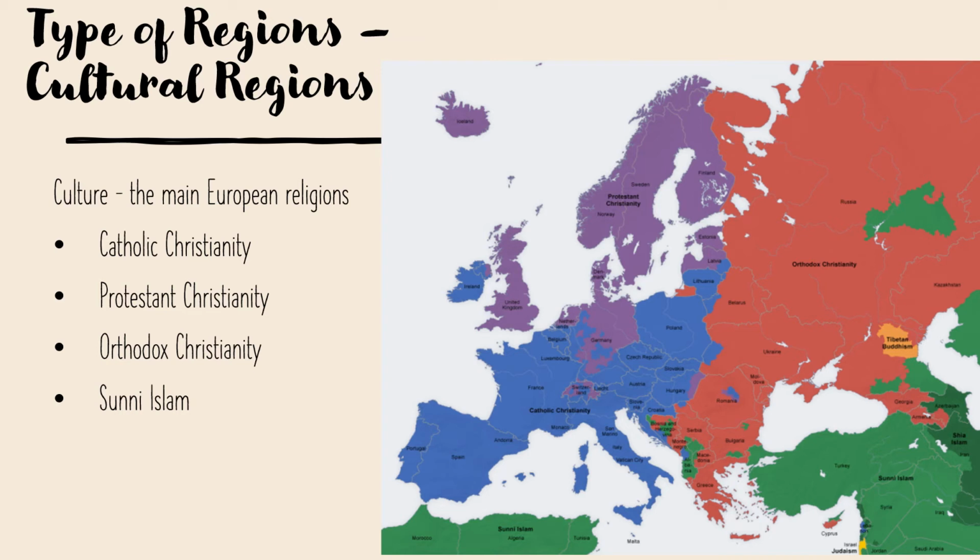That does not mean that other religions are not practiced there. So, for example, Catholic Christianity is still much of Europe, but there is also Islam, Protestant. There are Hindus and Buddhists. They still mix in. Those are just the most commonly practiced ones.